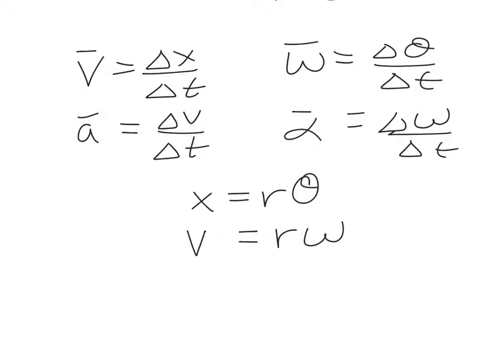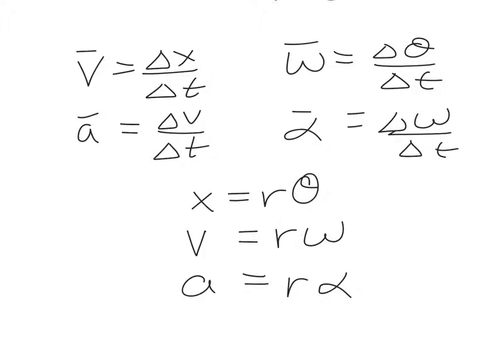And we're going to throw in the conversion between linear acceleration and angular acceleration. Oh, I did that backwards. So in all cases, the linear version is on the left, the angular on the right for the conversions. And this should get us where we need to go.